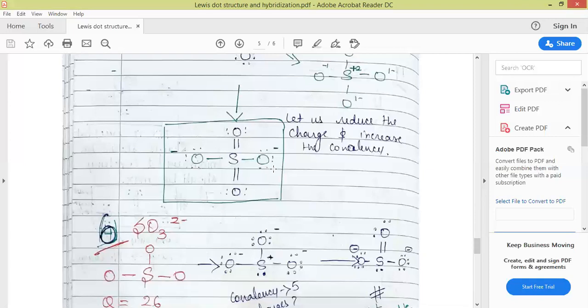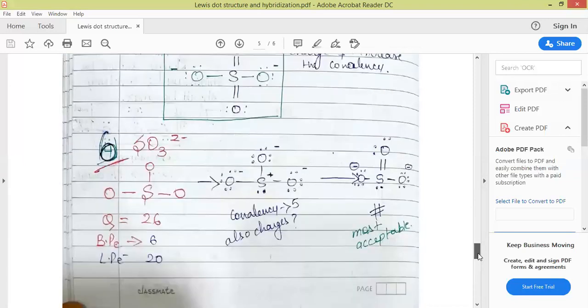So here 2 oxygens will have negative charge. The negative charge on 2 oxygens is gone, and the positive charge on sulfur is gone. So there is the lowest number of charges present on this structure. This is the most acceptable structure for SO4 2 negative based upon the Lewis-Dot theory.